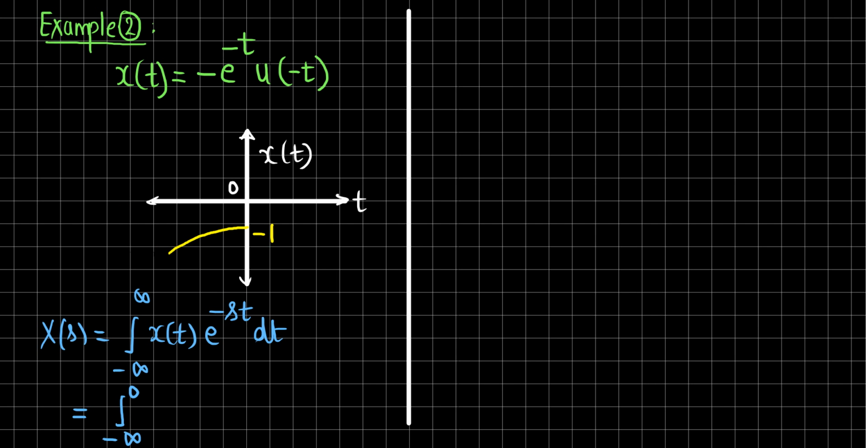It is equal to integration of e power minus t e power minus st dt. So X of s is going to be integration from minus infinite to 0 of e power minus s plus 1 times t dt.